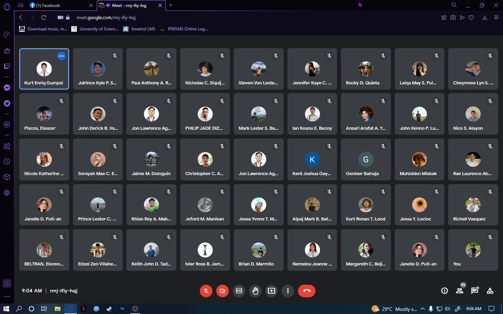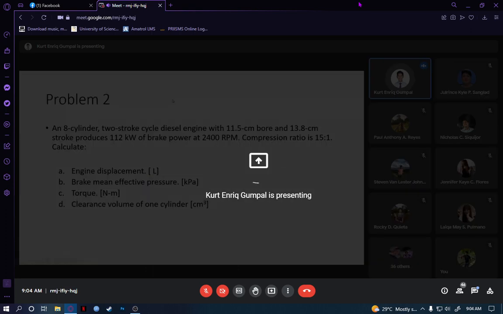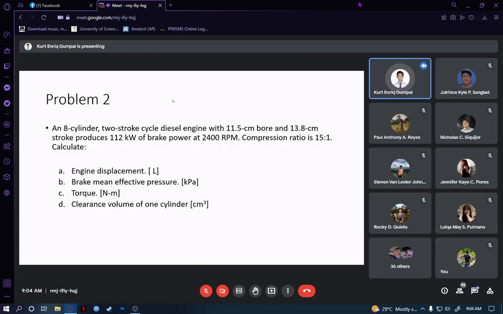Sorry. You have an 8-cylinder 2-stroke cycle diesel engine with 11.5 cm bore and 13.8 cm stroke, producing 112 kilowatts of braking power at 2,400 RPM. If your compression ratio is 15:1, what is your engine displacement? What is your BMEP? What is your torque? And what is your clearance volume?